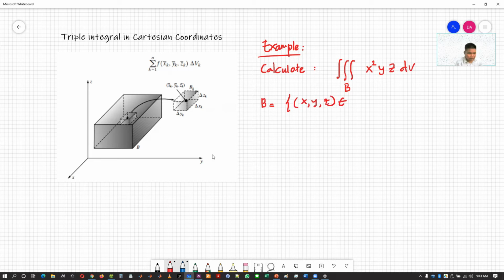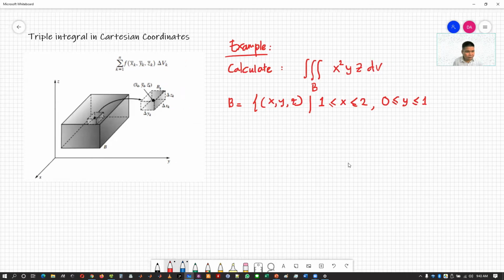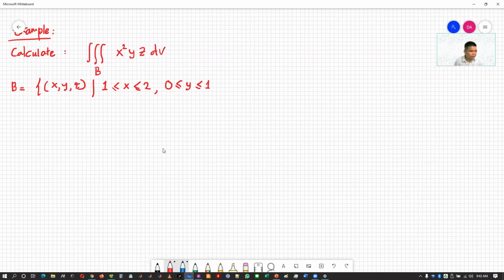The x itself is defined from 1 until 2, and y is from 0 until 1, and z is defined from 1 until 2.